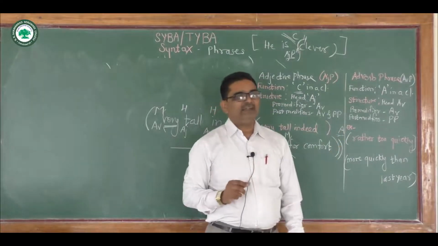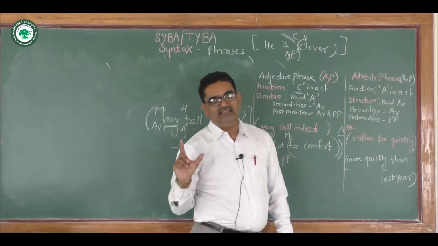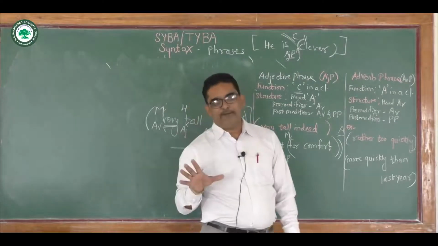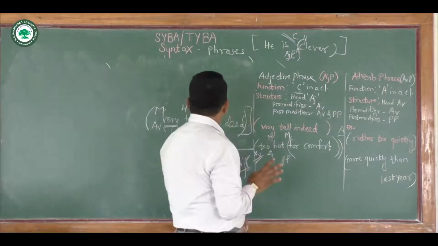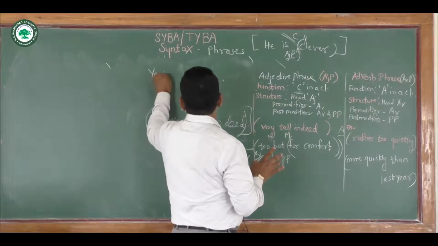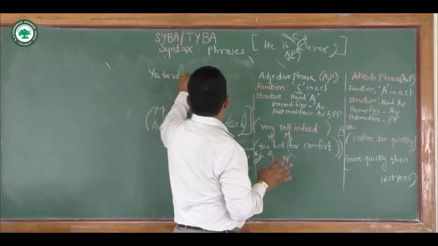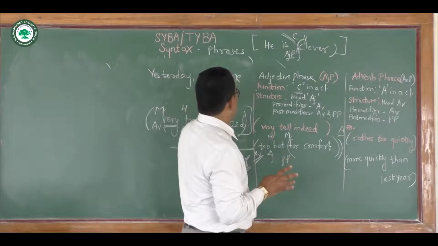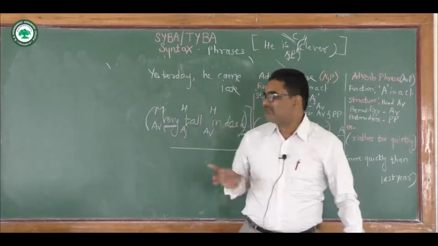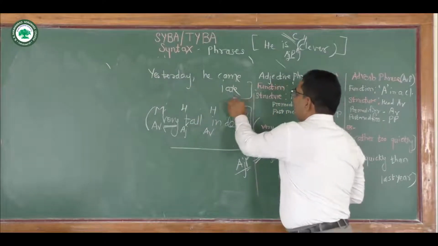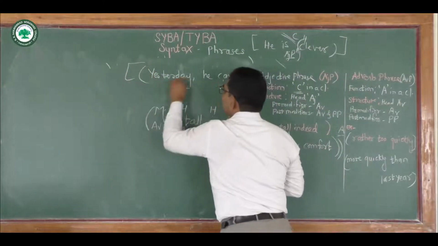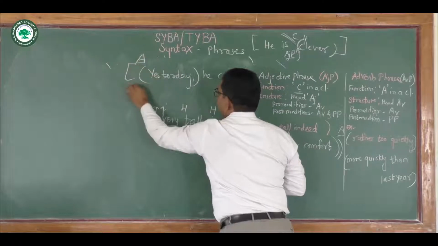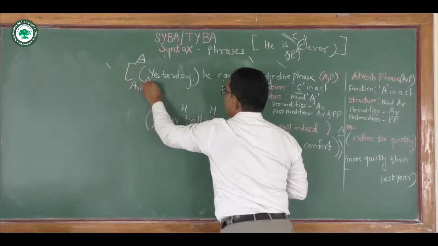So, yesterday he came late. What is yesterday? Yesterday is an adverb. If I write this sentence, yesterday he came late, what is it? Here yesterday is an adverbial phrase.